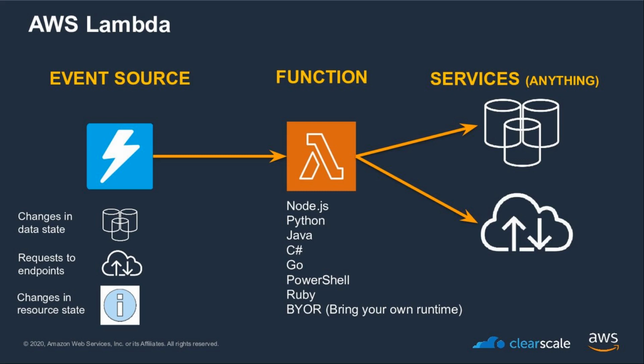And an event source, in this case, could be anything from an HTTP request through API Gateway, or an event response by putting objects into an S3 bucket or a DynamoDB insertion, and also pulling things out of an SQS queue. All of these lead to triggering an event and calling the Lambda function to carry out the logic.